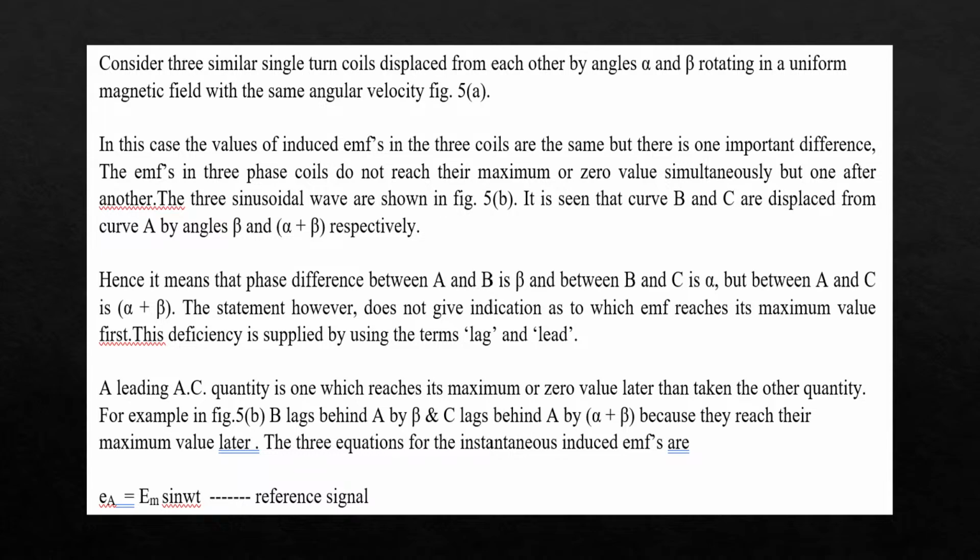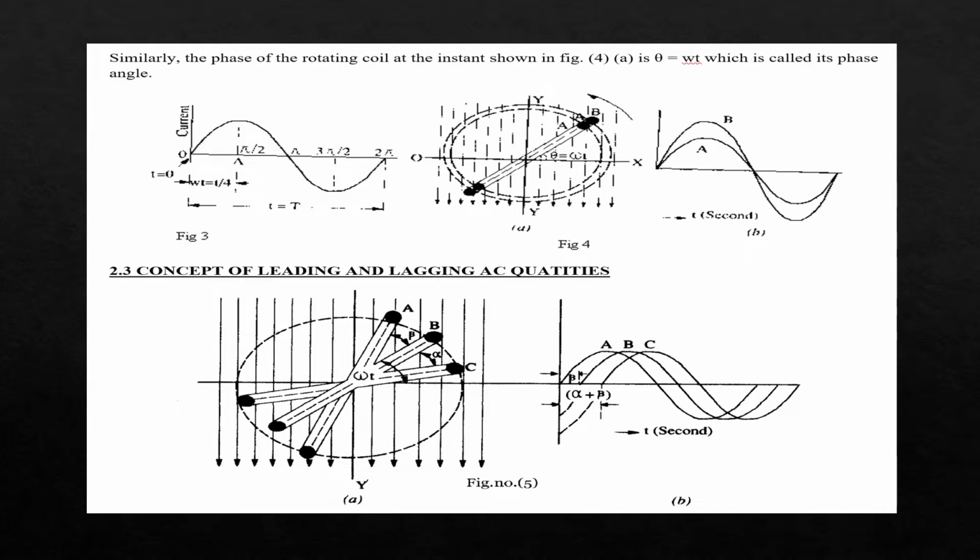A leading AC quantity is one which reaches its maximum value earlier than the other quantity. Example: figure 5b shows that B lags behind A by beta, and C lags behind A by alpha plus beta.